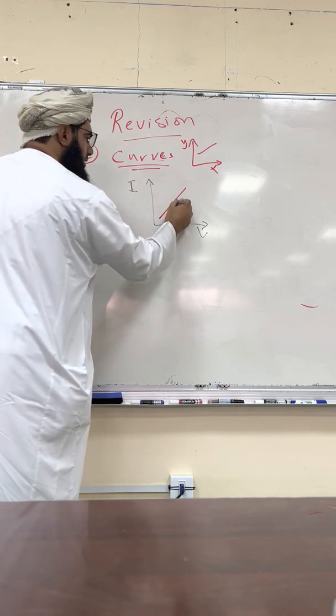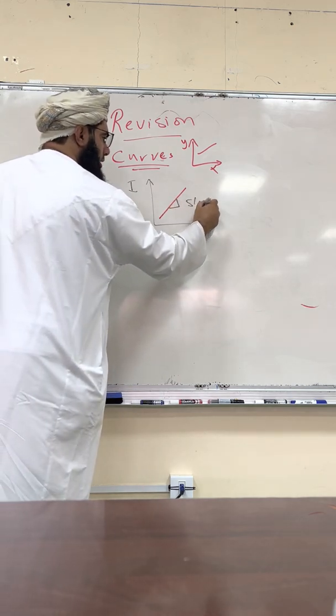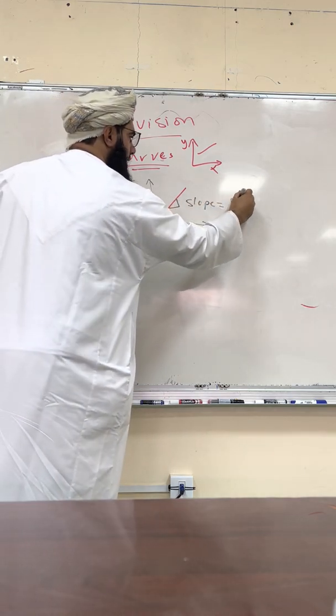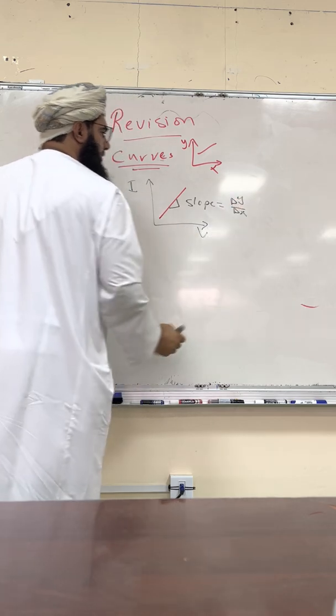But there is something else. We know that there is a slope here, and the slope is just delta y over delta x, as you know from math.